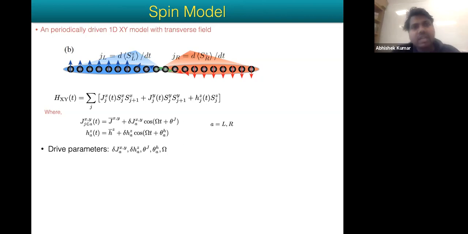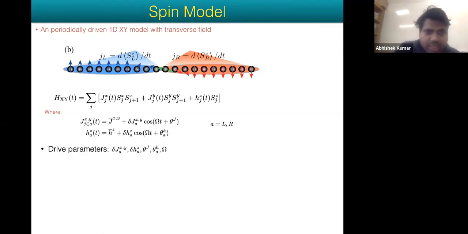Here we consider a 1D XY model. Initially we can consider a static 1D XY model with transverse field. Then we apply some drive on the left side and right side differently. So overall, the total system becomes time periodic, and we can write the Hamiltonian like this.